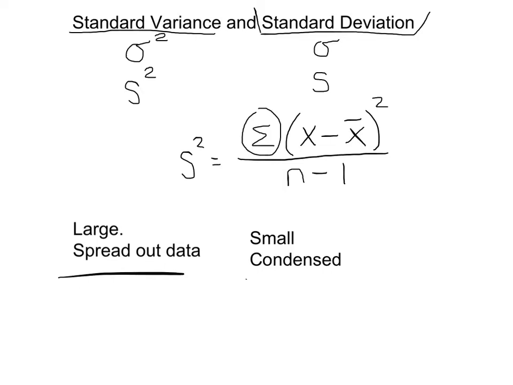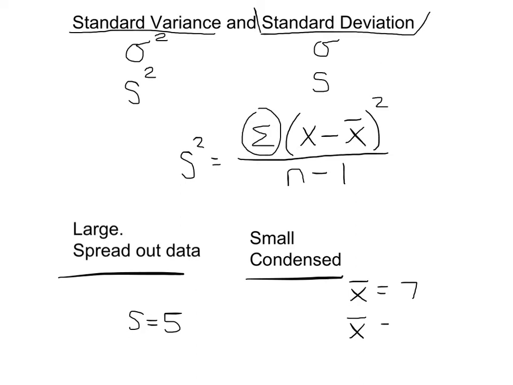Now, when we talk about this, it's hard to look at a standard deviation and decide, is it large or is it small? This is always in regards to the mean. Okay? If I have a standard deviation, for example, of 5, well, if that talks about how spread out the data is, but my mean is 7, well, 5 is very large in comparison to 7.